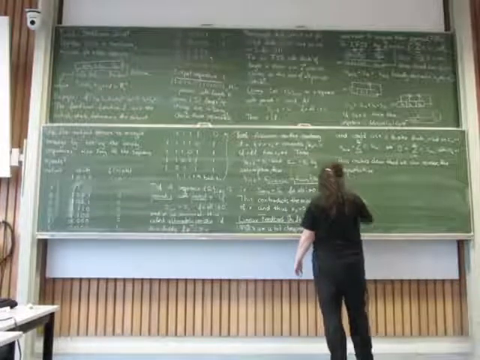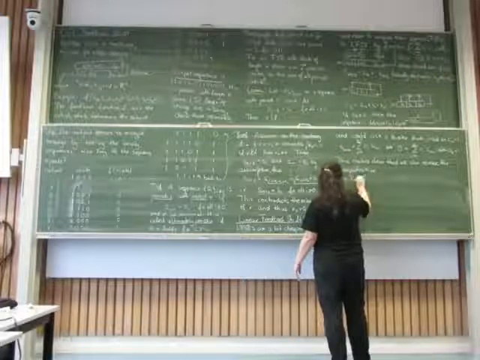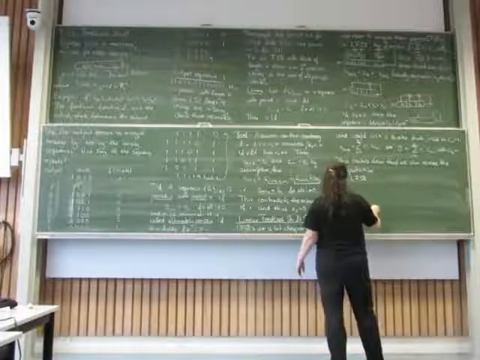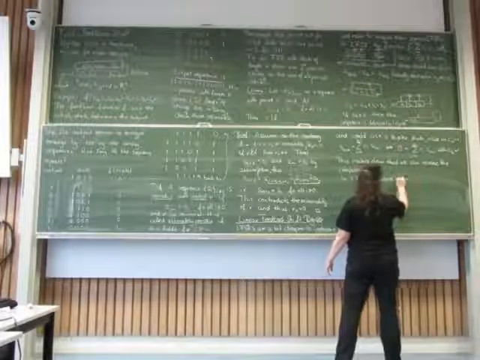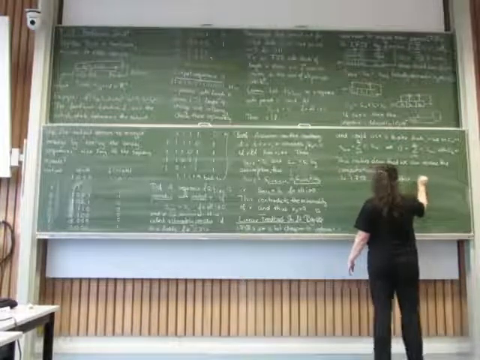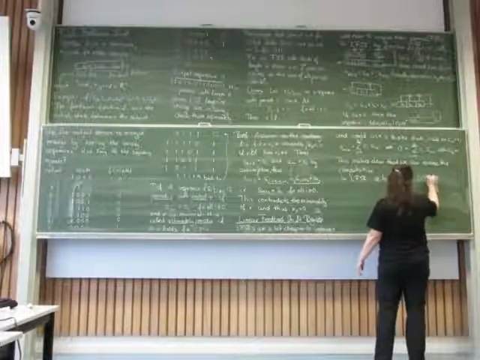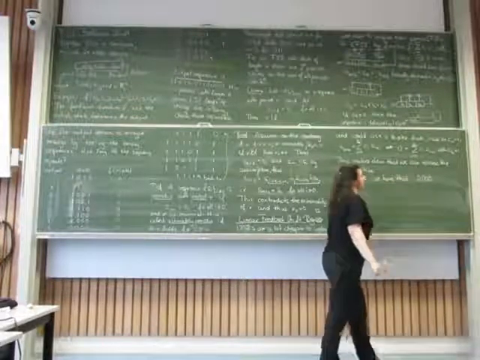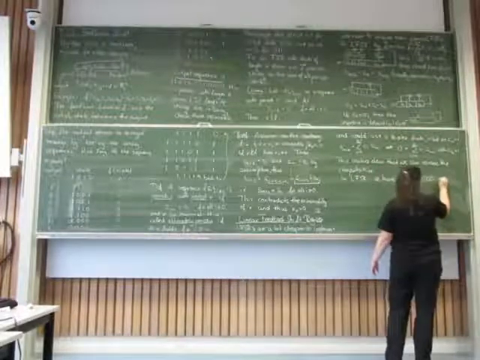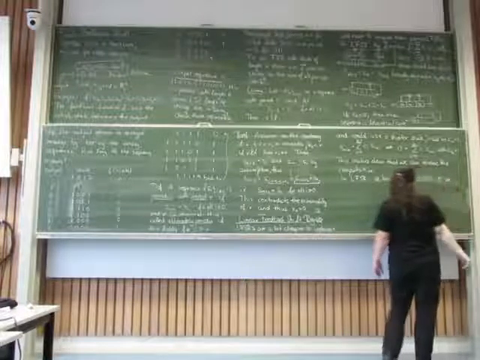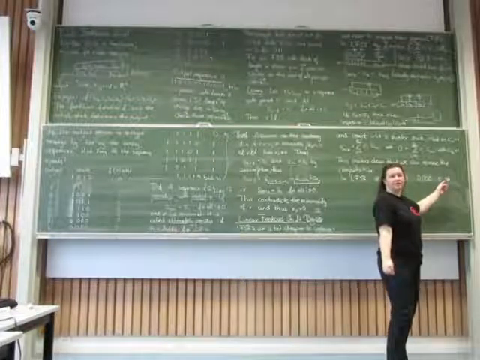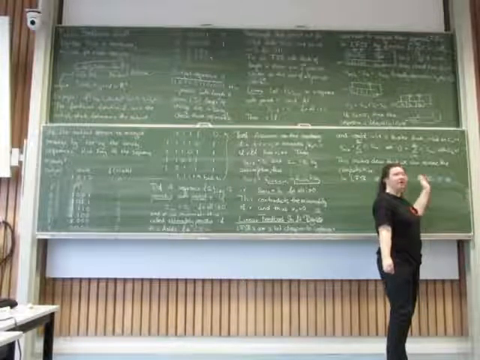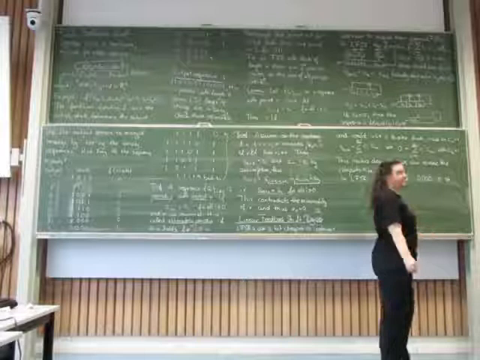If you have an LFSR, we have that you have the all-zero state. If you're taking only the bits from here and you're adding them up with some coefficients, well, if all you have is zeros, then this stays 0.